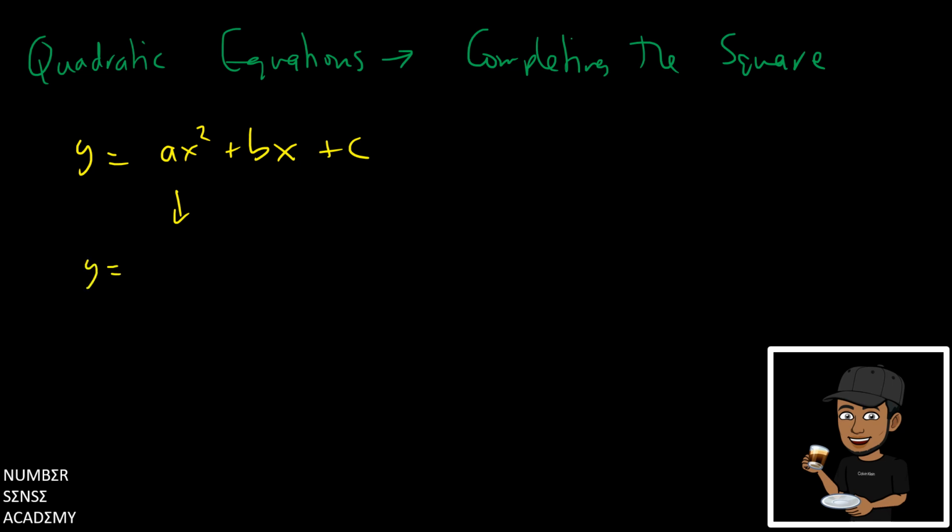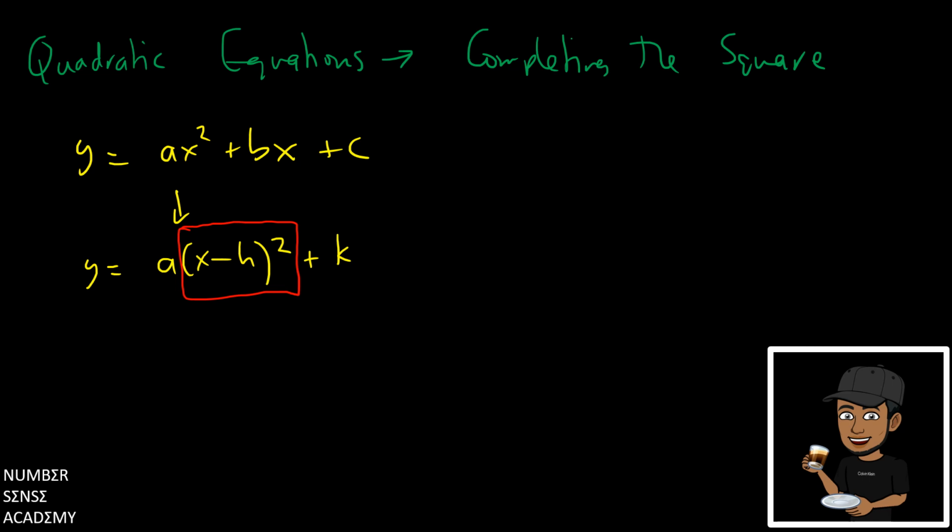So we end up with y equals a times x minus h squared plus k. And even though the letters are kind of shifting, these represent different things. So the square component is here. This is the part that we're trying to square.